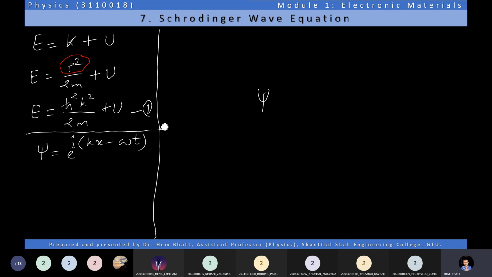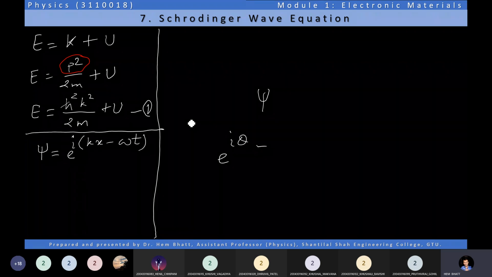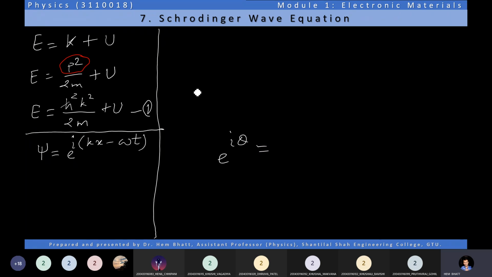Being math students, you must know that e raised to i theta is what? કોઈને ખબર છે what is e raised to i theta? It is cos theta plus i sin theta. બે periodic function છે. જો કોઈ પણ તરંગ હોય ને, તરંગની એક શરત કઈ છે કે એ સતત હોવું જોઈએ. A wave equation must be continuous.